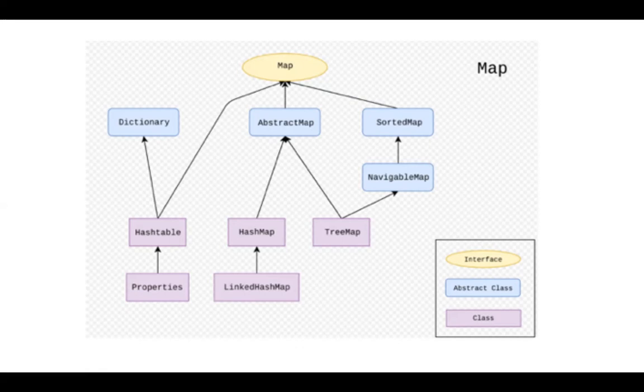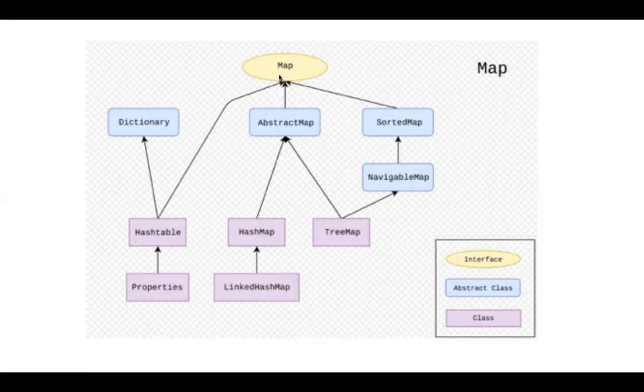In map, you have two sections. There would be a key and a value. So the key would be pointing to a value. And again, this map interface category has a lesser number of classes.